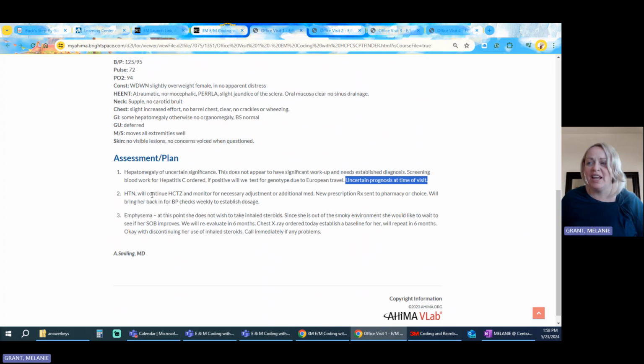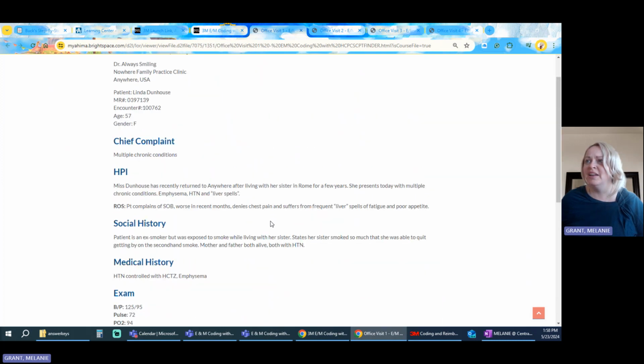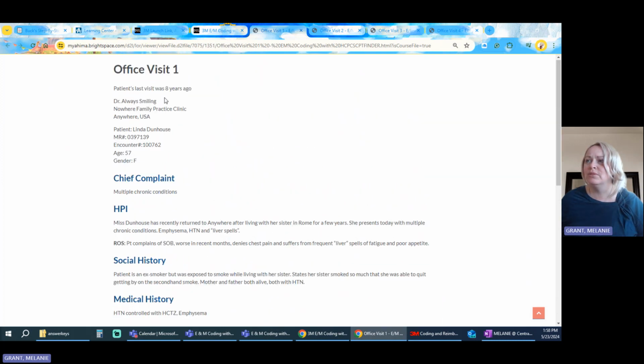You have hypertension. Hey, they did mention it here. They reviewed it and they reviewed the medication here. They're basically saying continue it as is, but there's a new prescription being sent to the pharmacy. I disagree with this statement. It's actually an established prescription that the patient has had, unless this patient is new.